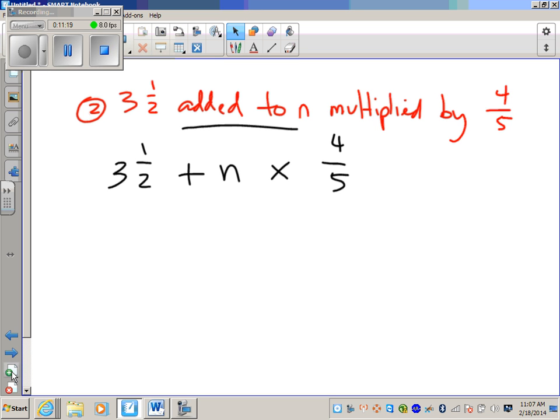Would I do it in the order that it says in red? Why not, Frank? Order of operations, what would I be doing first? I'd be doing n times 4/5. What can I do to make sure that the first thing I do is add 3.5 to n?